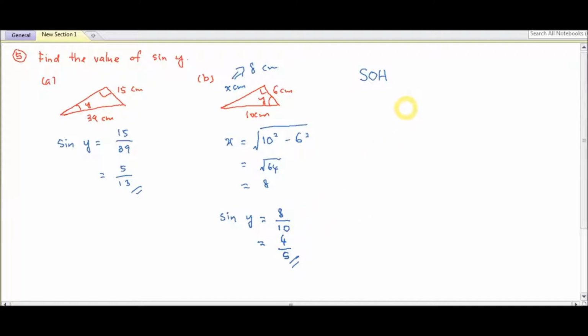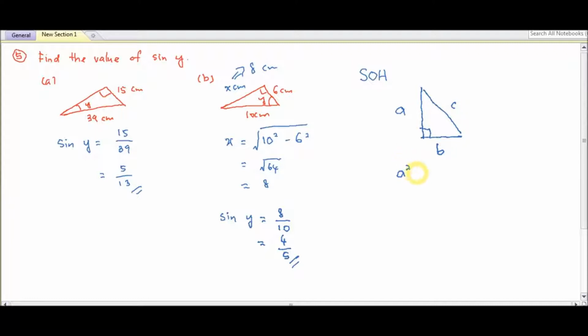Okay, maybe you're still confused about how to find the length of one side using the Pythagorean theorem. Let's say you have a triangle here, A, B, C. Let's go to the basics. According to the Pythagorean theorem, these two are the shorter sides of a right triangle, and this will be the longer side.